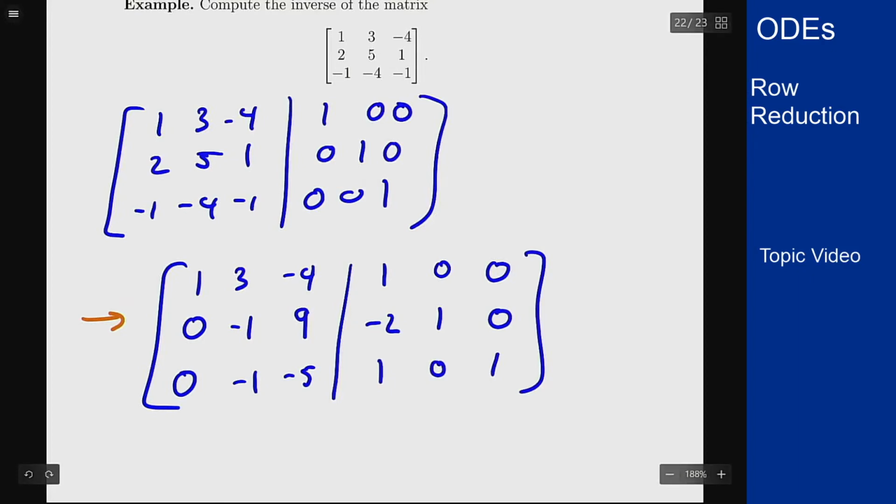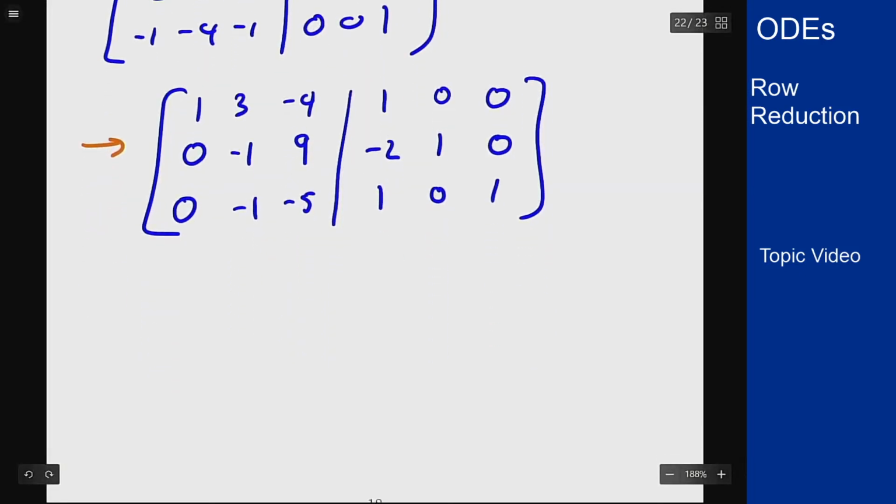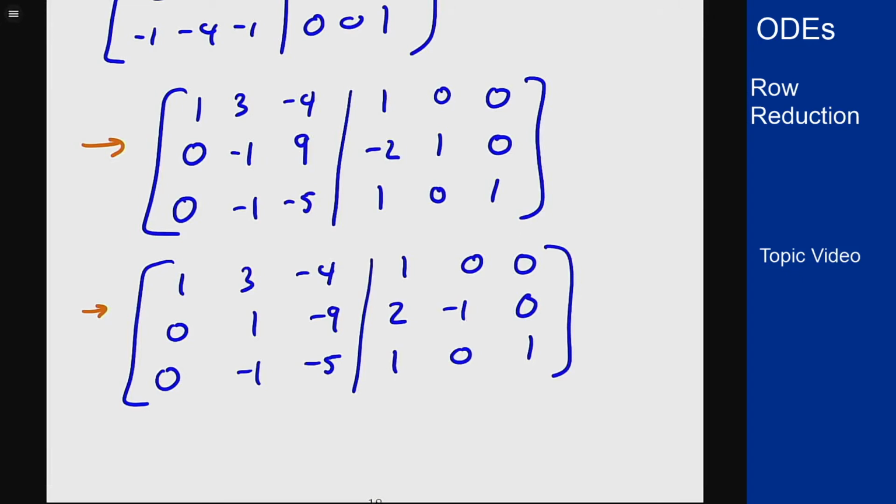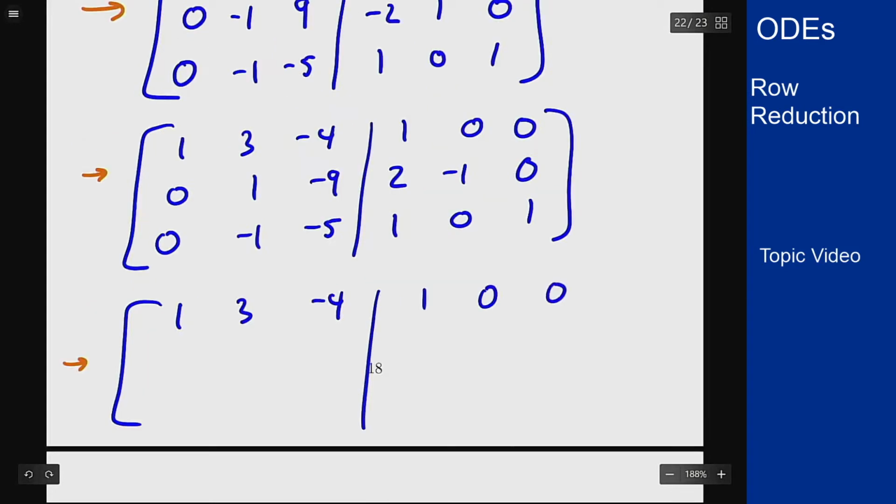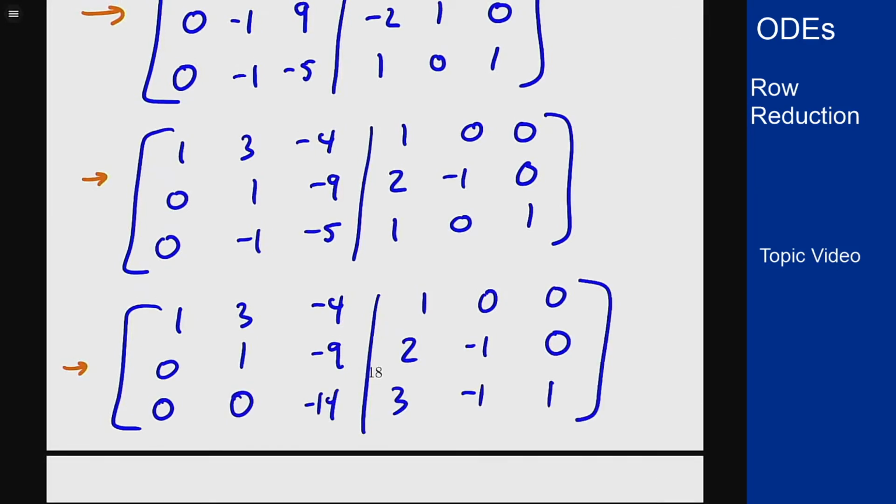You'll notice the steps on this side indicate exactly what you're doing to the matrix. Now I can multiply row 2 by a -1 to get to a 1 in that spot. And then I can add 1 copy of row 2 to row 3 to get rid of that -1 at the bottom of column 2. The first 2 rows here stay the same. And then finally, to get to a 1 in this last spot here, I can divide the entire third row by a -14.